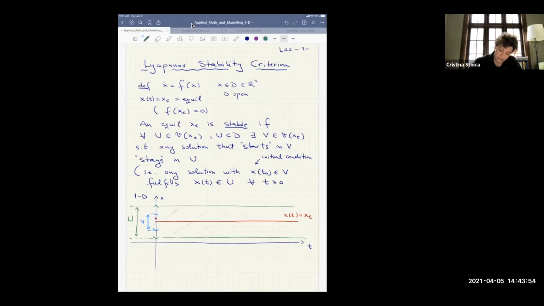Whenever I start in this V, I will not get out of the slab.